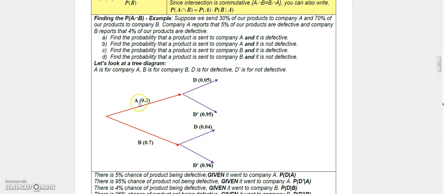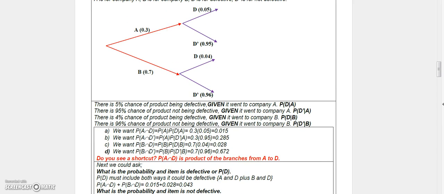So I need to calculate the probability of A and defective, A intersect D, and then calculate the probability of B and defective, B intersect D, and then simply add those two together, and that will give me the probability of defective. If you take a look down here, for the probability of defective, I just multiply the paths to defective together. One way to get to defective is A intersect D, so that would be the 0.3 times the 0.05, or 0.015.